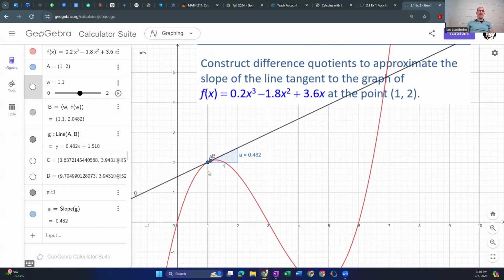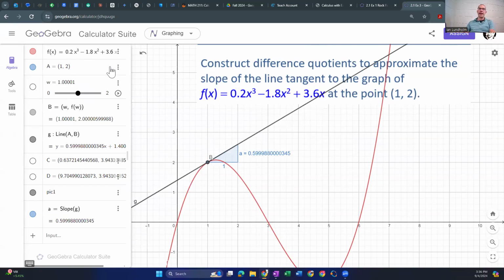But to get the best approximation possible, we would want to make this as close to 1 as possible. So I might throw a few zeros in there. And notice that we're really, really close to 0.6.